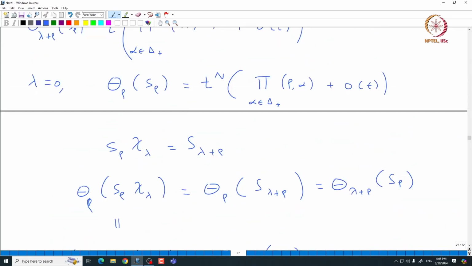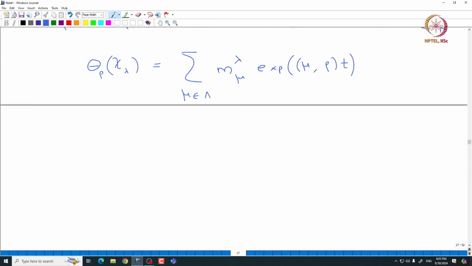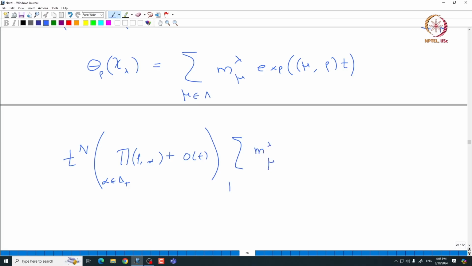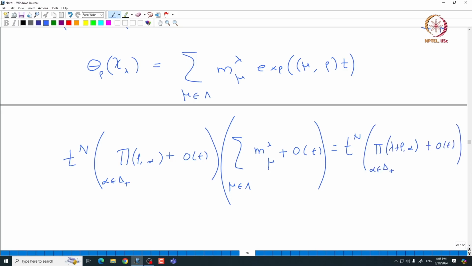Now theta rho S rho, we already have this expression, we can just substitute there. So, you get exactly t power n times the product of (rho, alpha), alpha in delta plus, plus the higher order terms, times the summation of m lambda mu, mu in lambda, plus the higher order terms, which is equal to t power n times the product of (lambda plus rho, alpha), alpha in delta plus, plus the higher order terms.